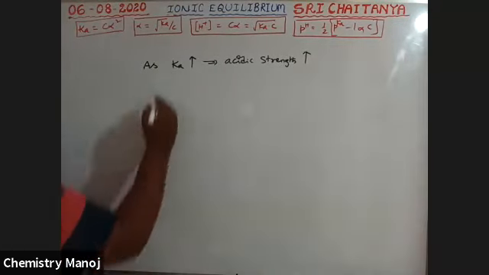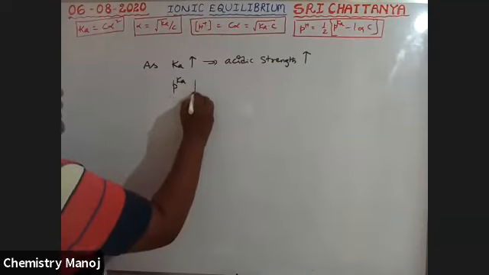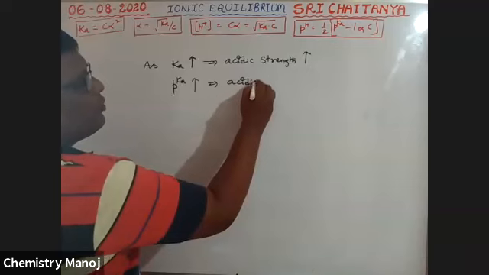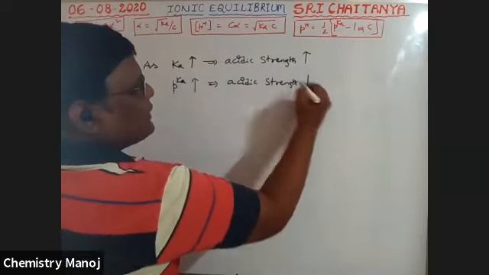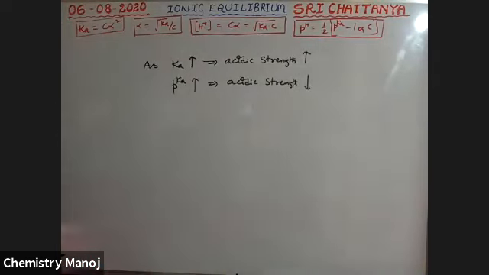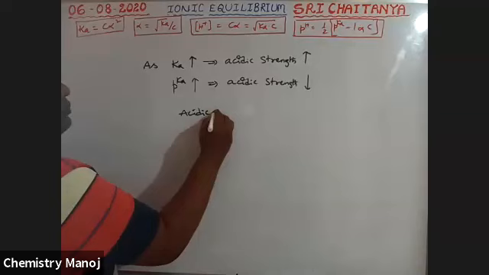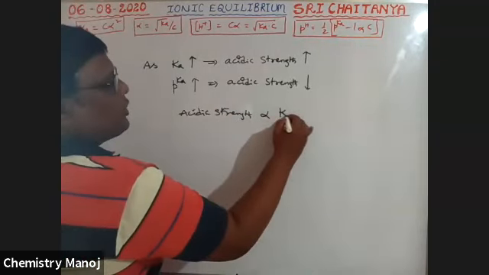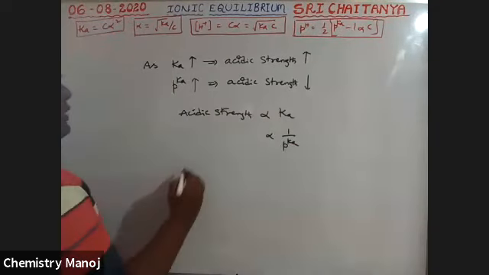Next, compared to that, pKa value is there. As pKa value increases, acidic strength decreases. That means acidic strength is directly proportional to Ka and inversely proportional to pKa.